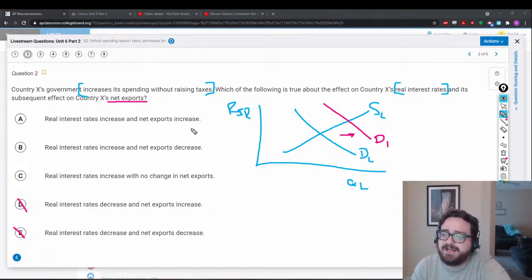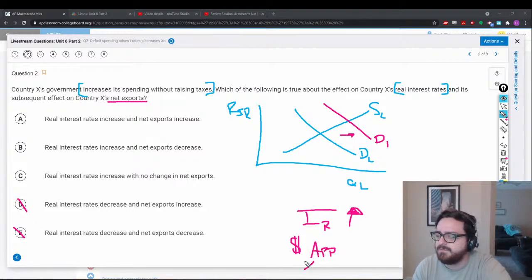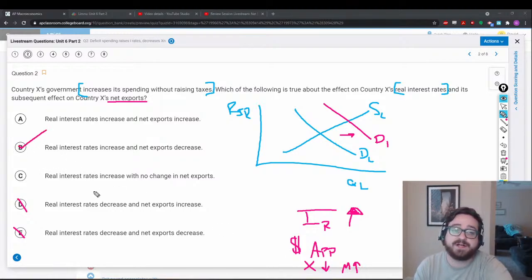And it asks about net exports again. All right. If your interest rate is higher, which is just what happened last time as well. Interest rate is higher, so I will have my currency, and this is again the dollar here, or whatever country X's thing is, I'm just going to say dollar, appreciates, my exports go down, my imports go up, which would get me lower net exports, because exports went down.